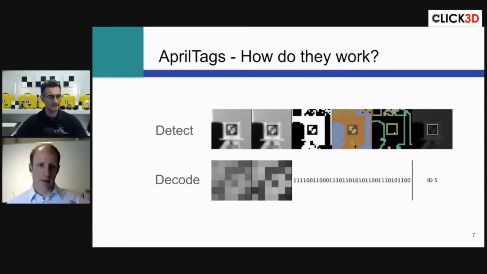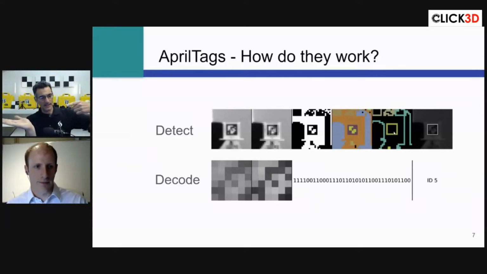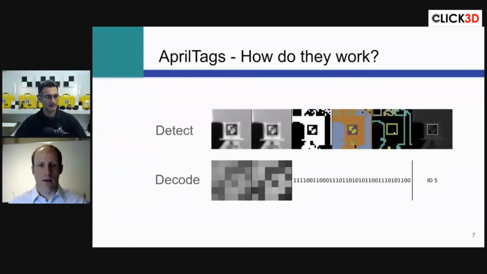Oh, when you say rotation, do you mean like which side of the tag is up, or what is it? It's like 3D. Well, what I mean is rotation in space. It seemed like, for example, these images that you're showing here are more or less perpendicular to the camera. Oh yeah. But if you were on an angle, can it figure out the orientation of the target? Yeah, for sure.